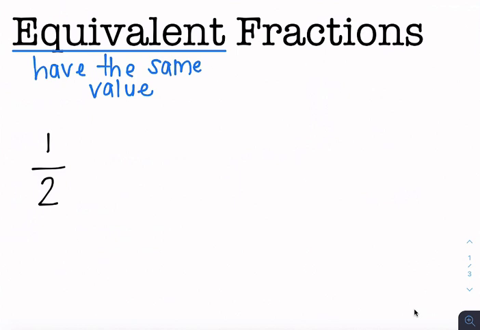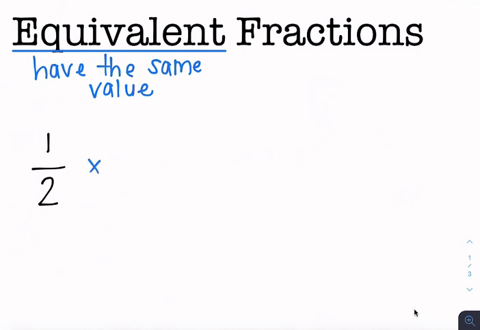So if I see that fraction 1/2, what I want to think about is multiplying, and we're going to use a strategy called the giant one. We want to use the giant one to find a fraction that is the same as 1/2.